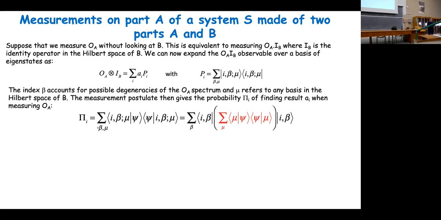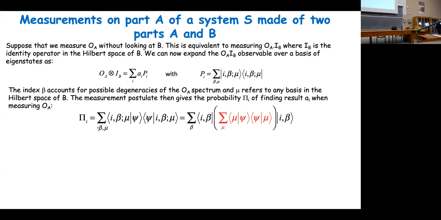What is the probability to obtain the result I if I measure A without looking at B? So I do exactly the same thing. And you see now that you have to sum over beta and mu. And I can write this sum under this form. I can isolate this quantity, which is the sum over mu of <mu|psi><psi|mu>.